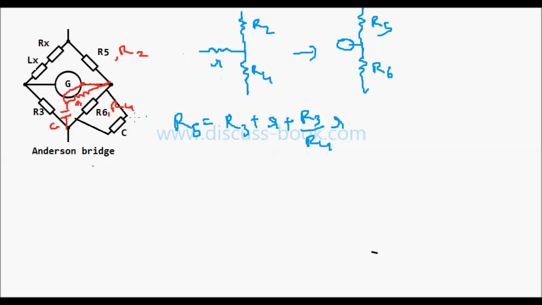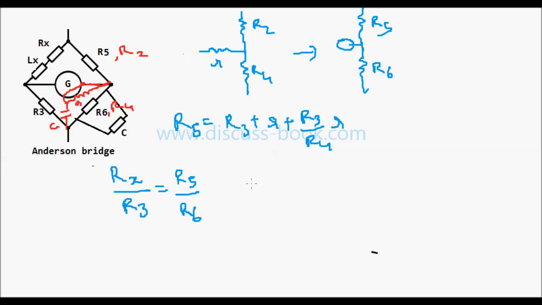Now in order to write the equation for the final circuit of the Anderson bridge, again you have to consider R as R, L as L and C as 1 by C. So in order to write the equation for Rx, you have Rx divided by R3 is equal to R5 divided by R6.